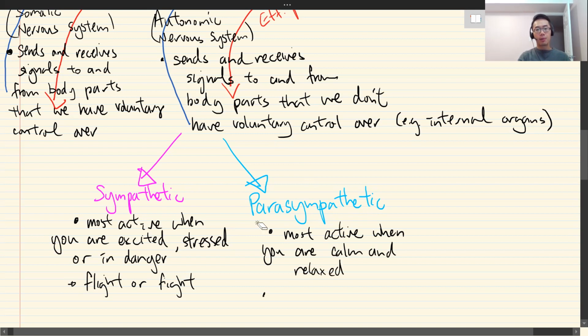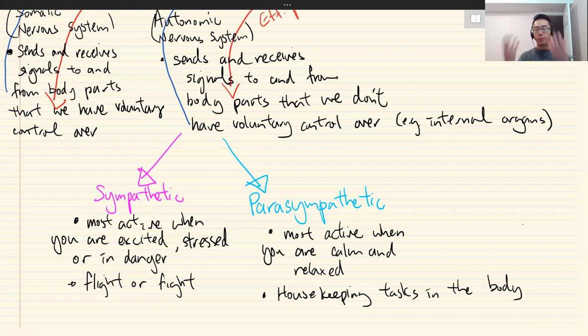Okay, so this parasympathetic system is responsible for housekeeping tasks of the body, like digestion of food, elimination of waste, cell repairing, all those kinds of things.